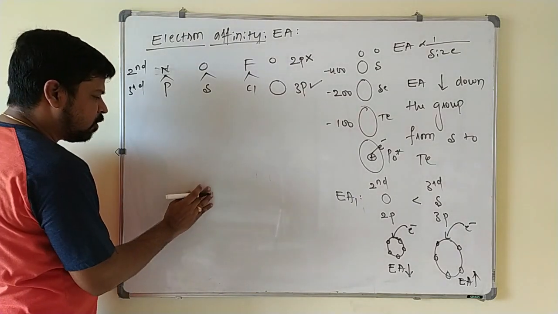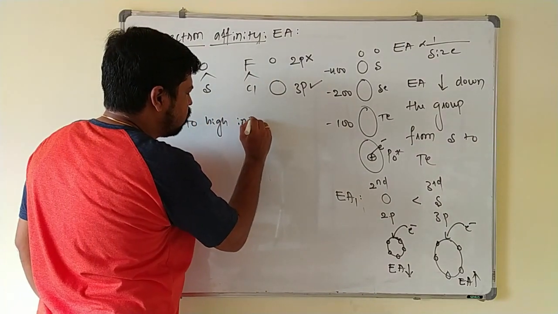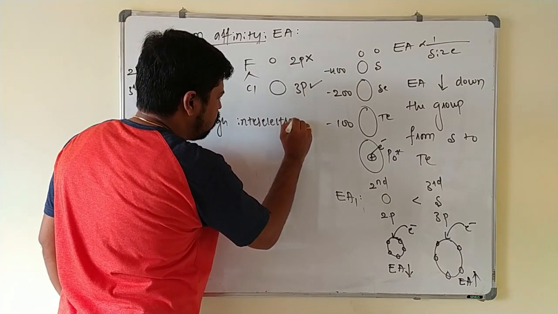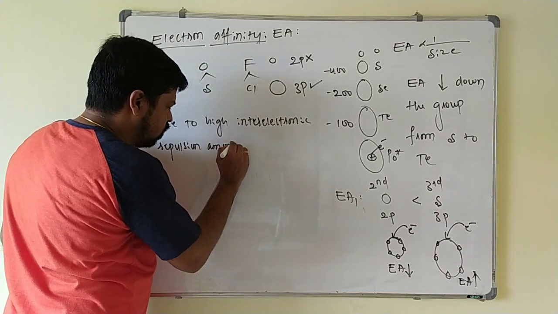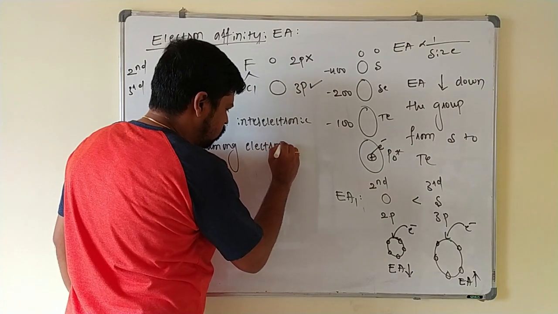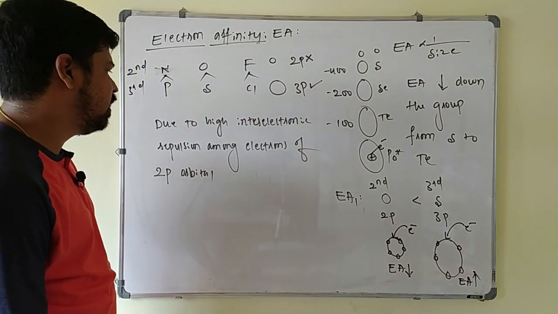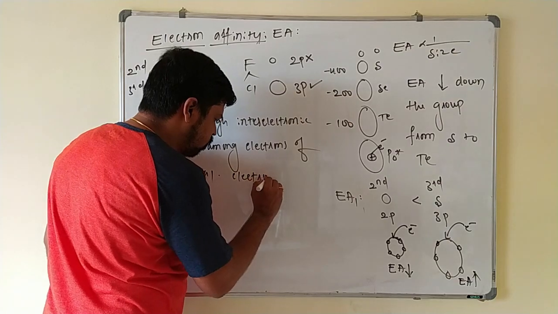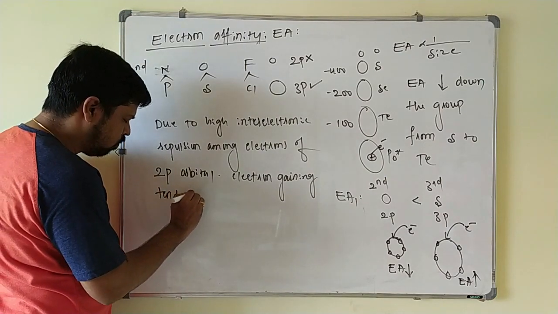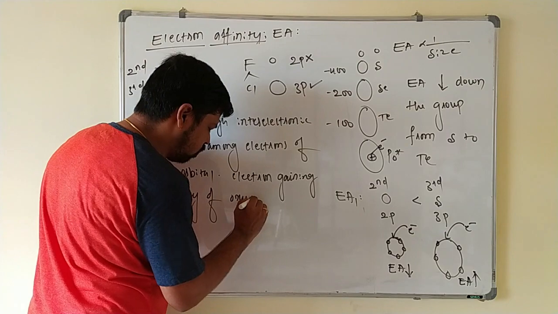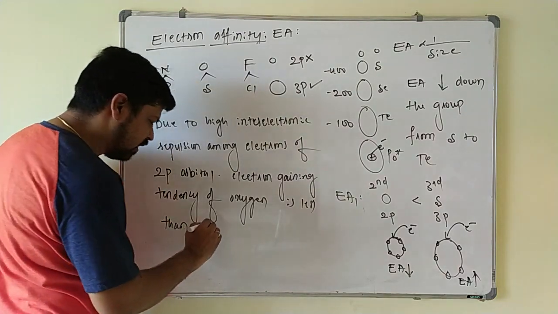What is the reason for this? Due to high interelectronic repulsion among electrons of the 2p orbital, the electron gaining tendency of oxygen is less than sulfur.